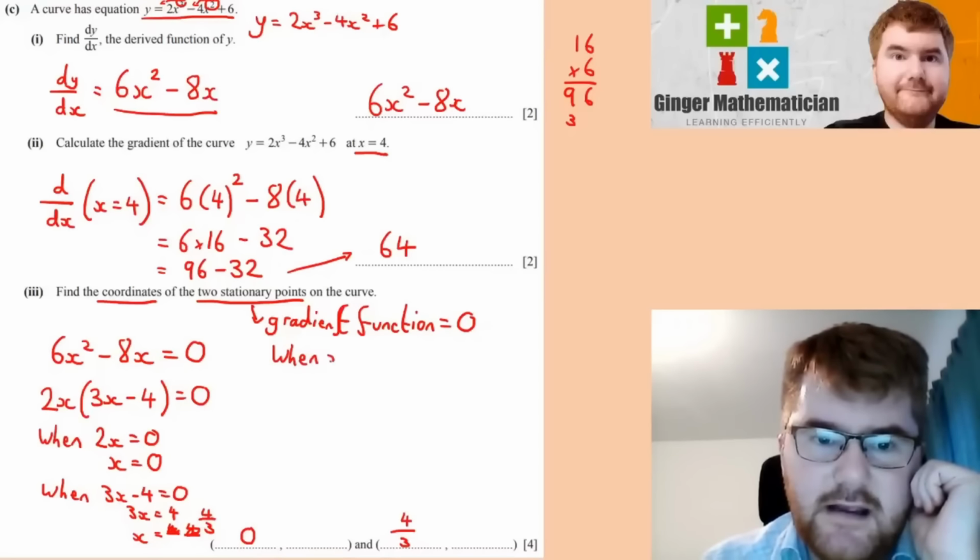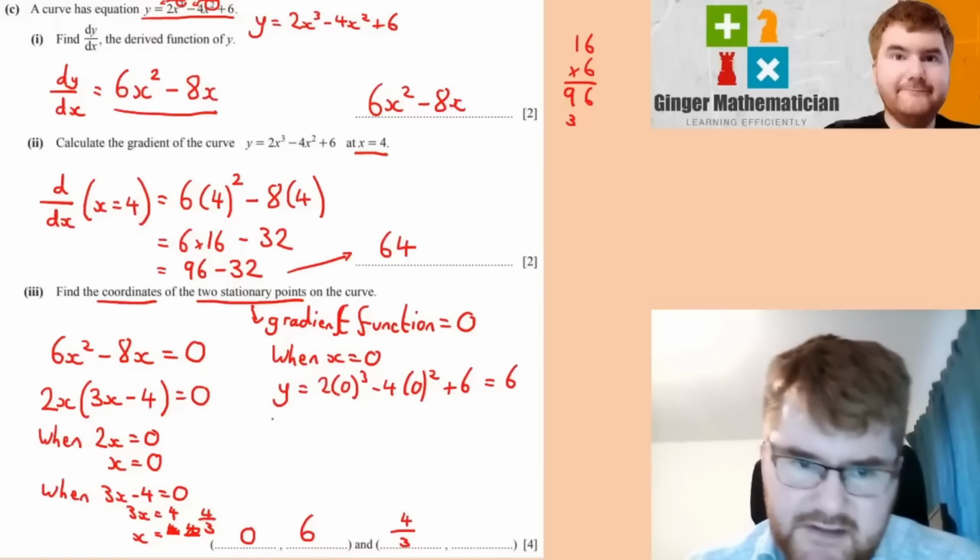So when x is equal to 0, y is equal to, well, that disappears. This also disappears. And we've got the plus 6. So these all disappear, and we're left with just 6. So our first turning point, or our first stationary point, is equal to 0, 6.